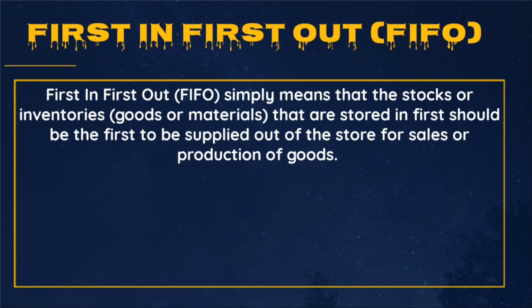So at the time of supply, at what amount will the store supply the inventory out? This is what inventory valuation is talking about. Under the first in, first out method, the first items that are received into the store should be the first to be supplied out of the store.